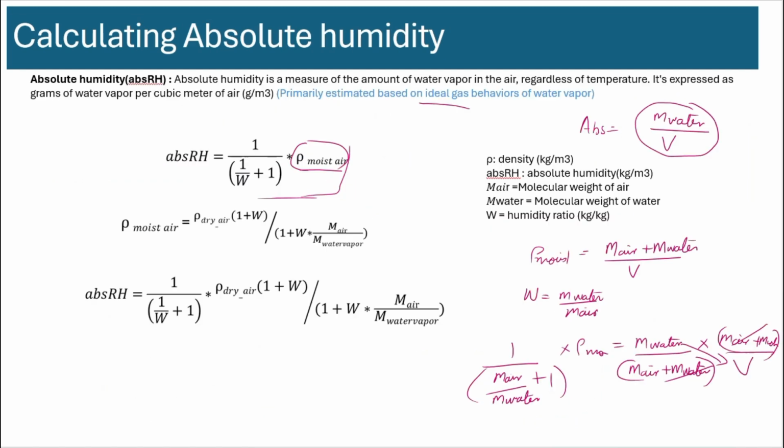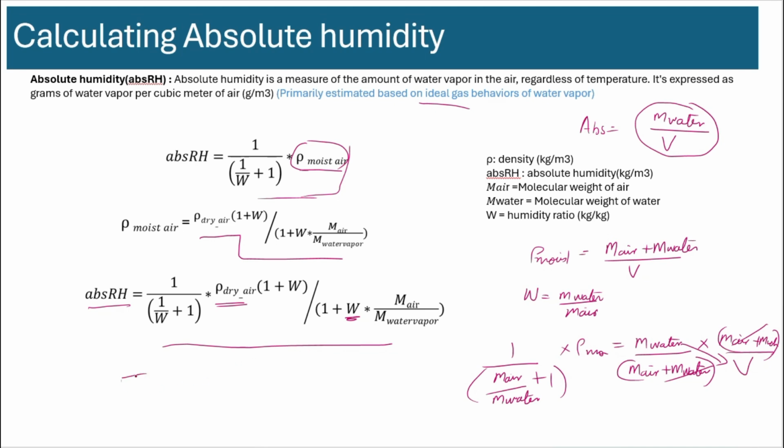So we can use that formula that we derived here in this equation, and we'll get this new equation, which we can further simplify like this. Once you know the dry air density and the humidity ratio, then it's easy to calculate the absolute humidity.